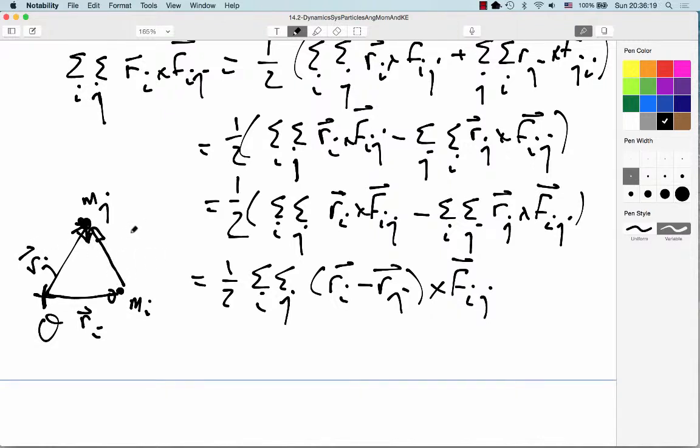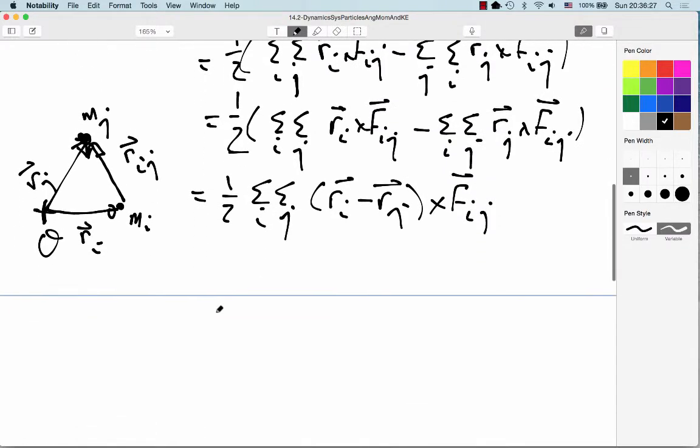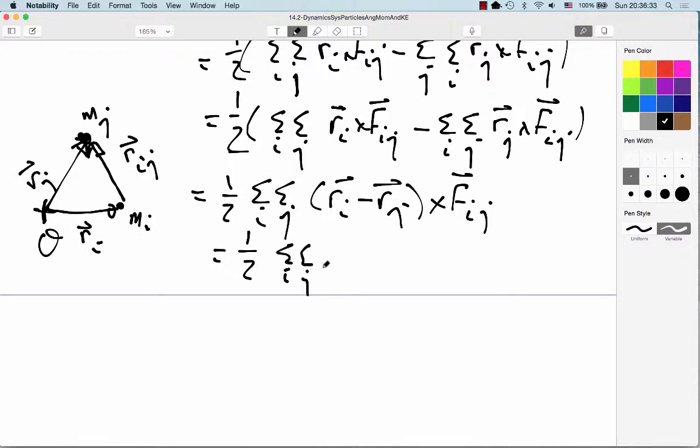And so this would be r_ij, which is r_j minus r_i. Or sorry, r_i minus r_j. So I can rewrite this as one half sum i, sum j, r_ij cross F_ij.